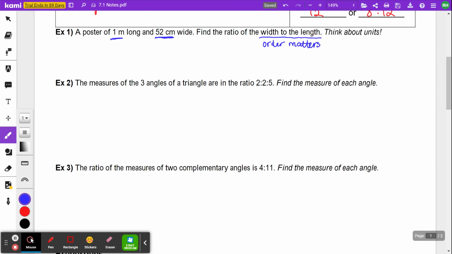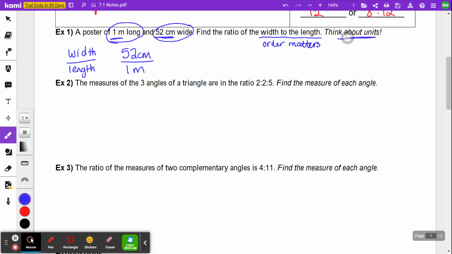So we have to do width over length because it says to compare width to length, okay? So the width of this is 52 centimeters, so 52 centimeters on top, over length, which is 1 meter long.